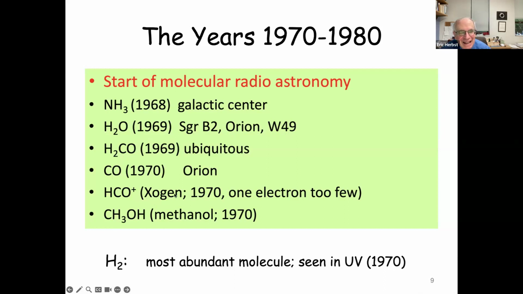And well, it eventually was learned that it was missing one electron. And the last one I show here is methanol. Methanol is a very interesting molecule. It is seen both in the gas and on the surfaces of dust particles. And finally, and most importantly, in a sense, the most abundant molecule is molecular hydrogen. That was first seen in the ultraviolet.